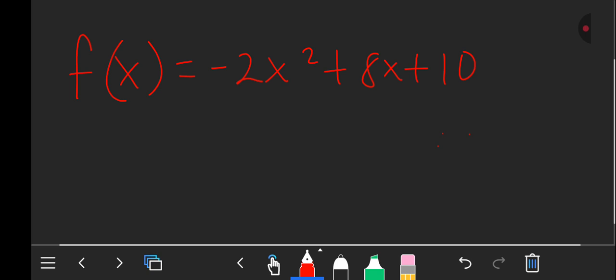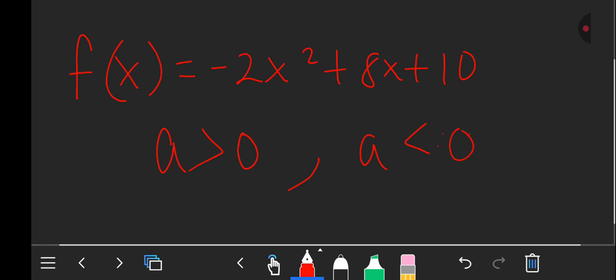The first thing you need to understand here is whether this function will give you a minimum parabola or a maximum parabola. To determine that, you consider the coefficient of the square of x. The coefficient, we call it a. Is it greater than 0 or is it less than 0?